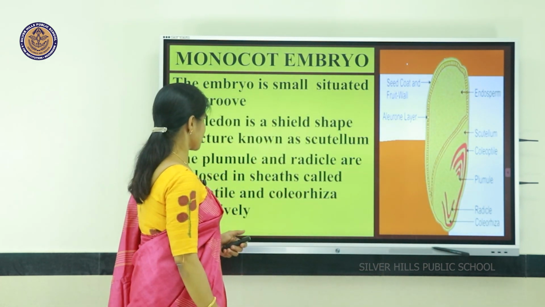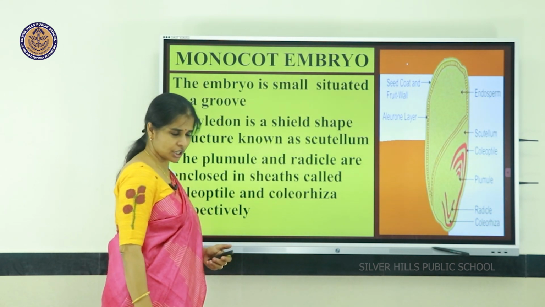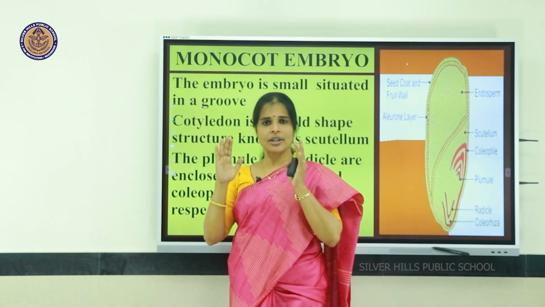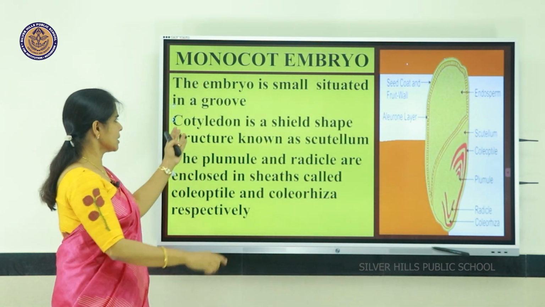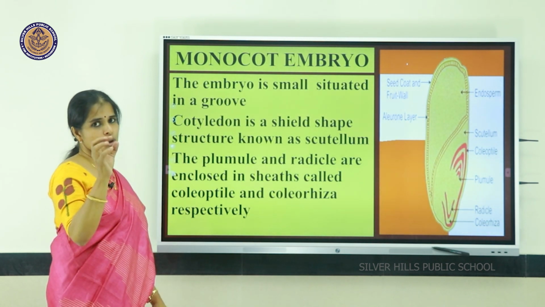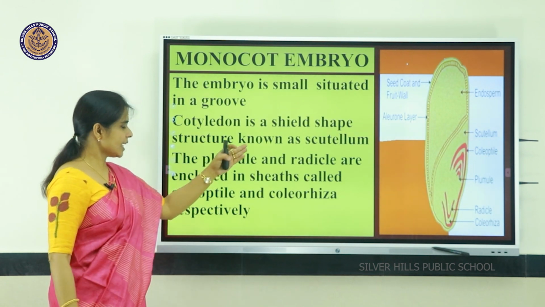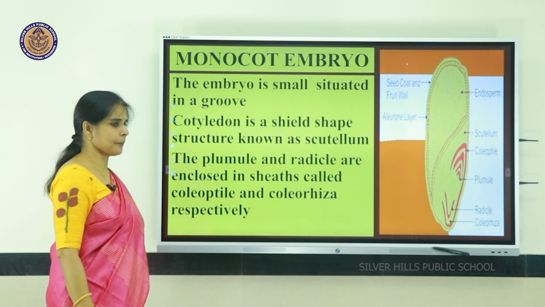These groove-like structures are protected by a shield-shaped structure which we call the scutellum. So, the developing embryo in a monocot plant is protected by a shield. The monocotyledon part is in the form of a shield shape, known as scutellum.